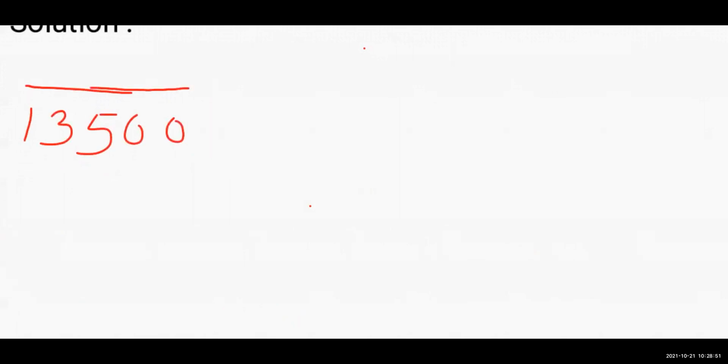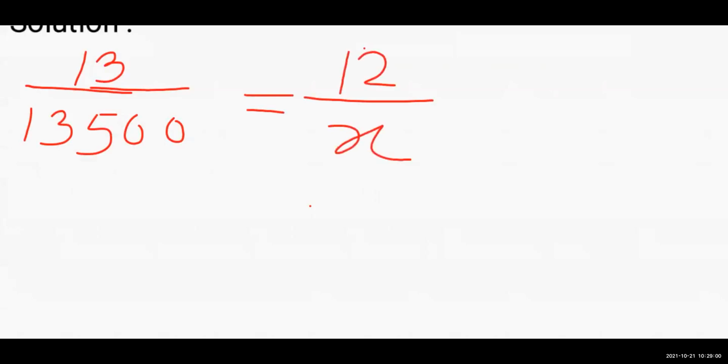What will be our ratio? 13/9? No. Ratio will be 13 kg 500 ग्राम में कितना cow है? 9 cows. Clear? Equal to x में 12. Clear? This will be the ratio.